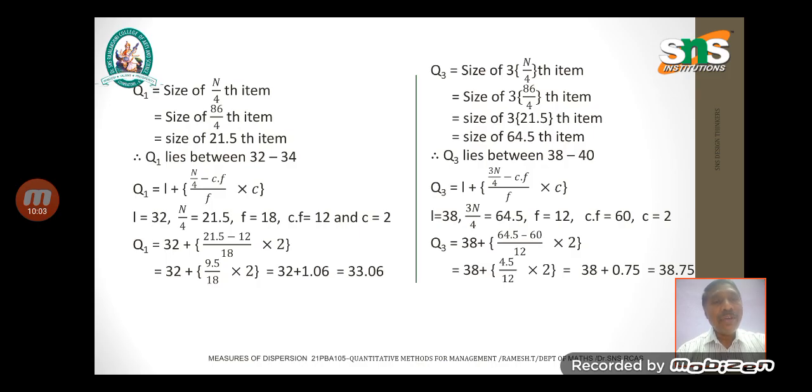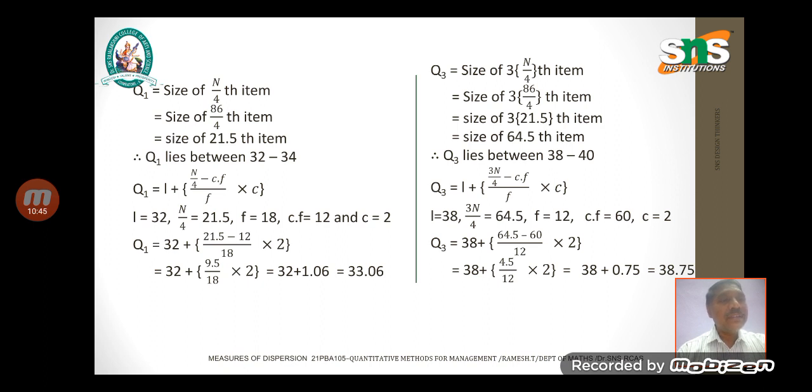The n by 4th value is 21.5, the frequency of the quartile class interval is 18, the cumulative frequency just above the quartile class interval is 12, and C is the length, which is 2. L is the lower limit of the quartile interval, that is 32. C is the length of the class interval, that means 34 minus 32, that is equal to 2. Applying all this, we get 32 plus (21.5 minus 12) by 18 into 2. After reducing that, we get 33.06, that is the first quartile.